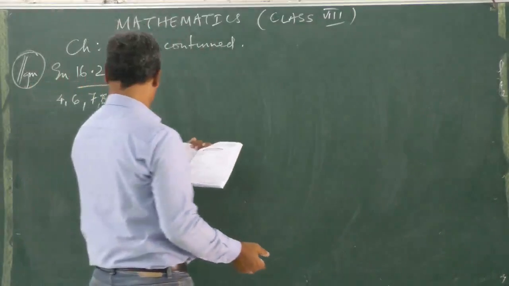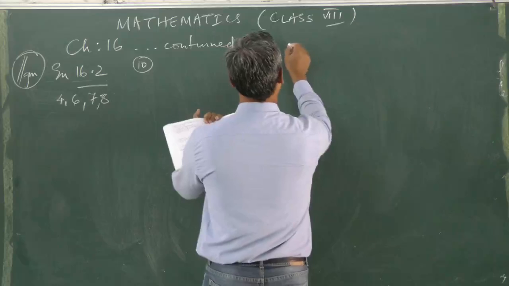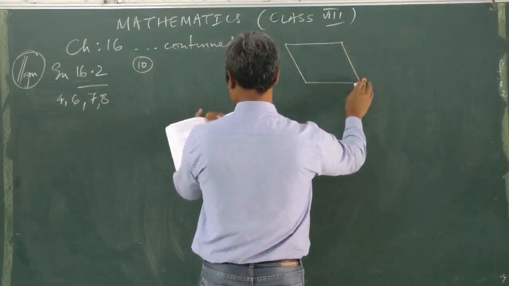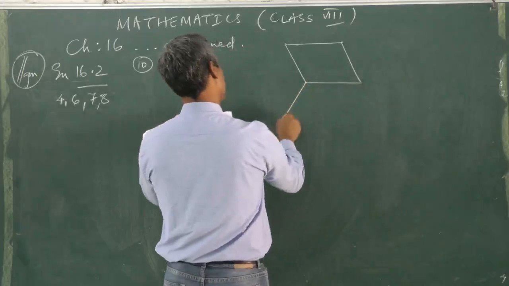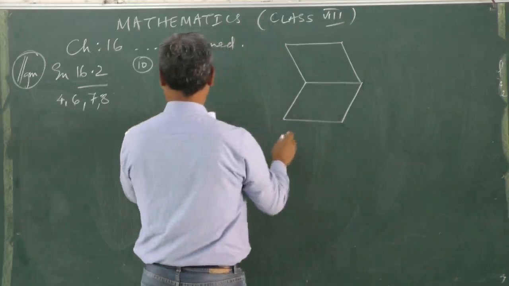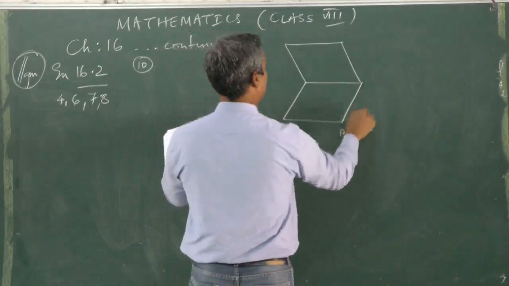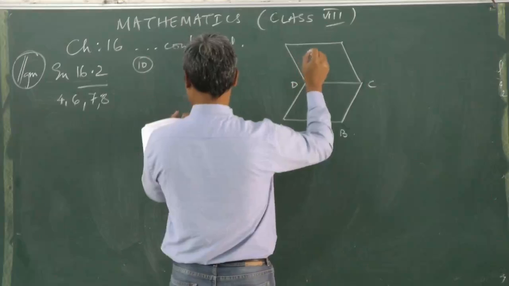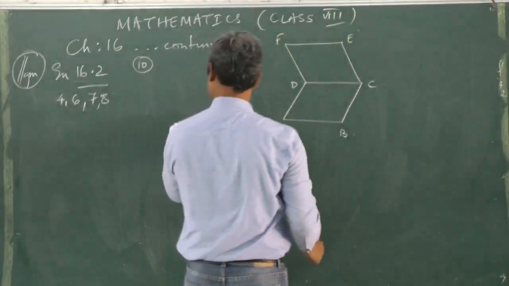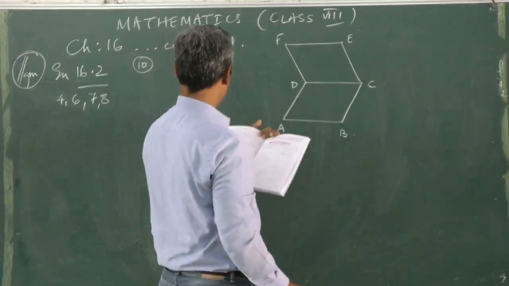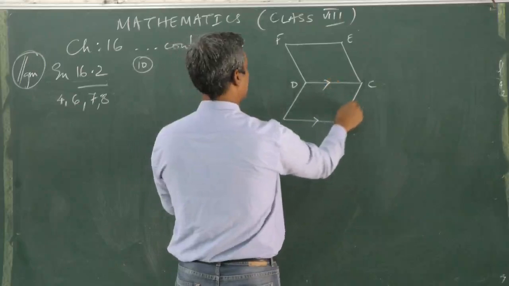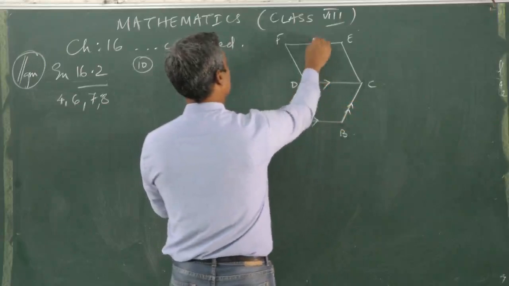It's on page 268. A, B, C, D, E, F. In the figure 16.2, ABCD and CDEF are parallelograms.